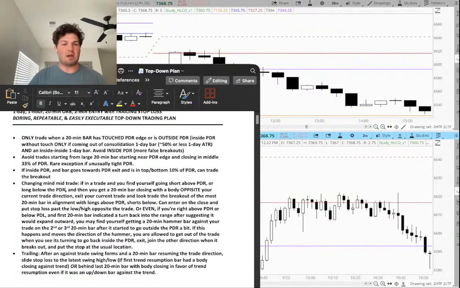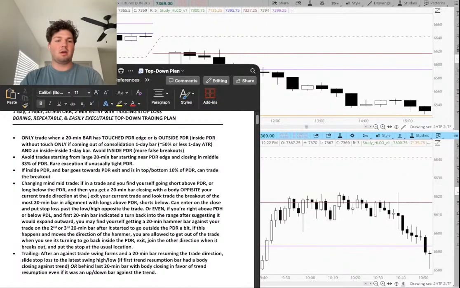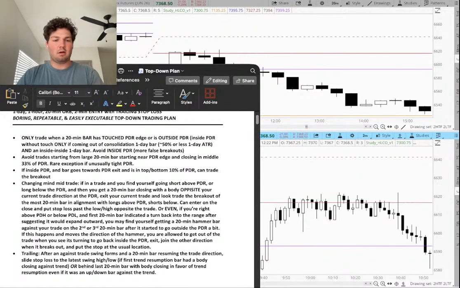And then you get a 20-minute bar closing with a body opposite your current trade direction at the PDR.